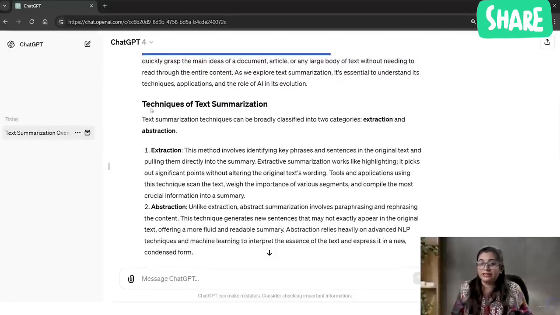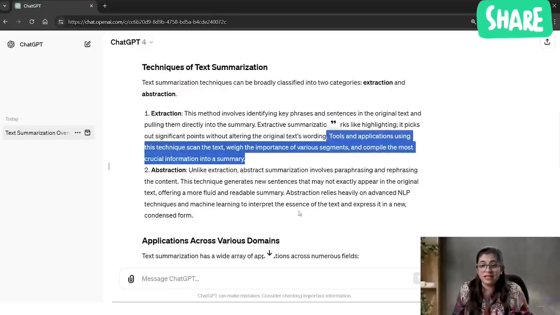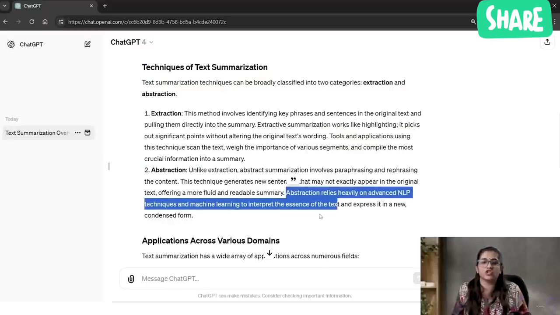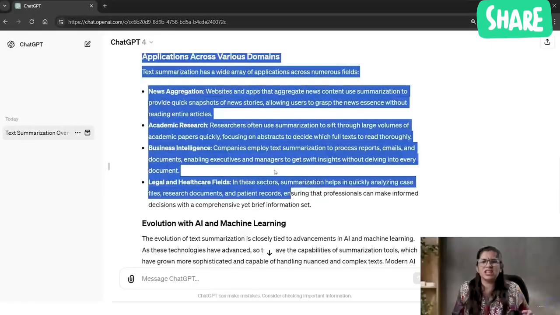Now, it tells you the techniques of text summarization, which are abstraction and extraction, with tools and various examples of it, various applications of it. It tells you applications across various domains as well, which is closely the same as 3.5.